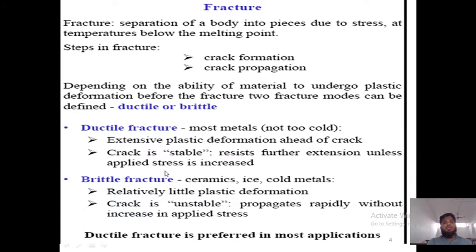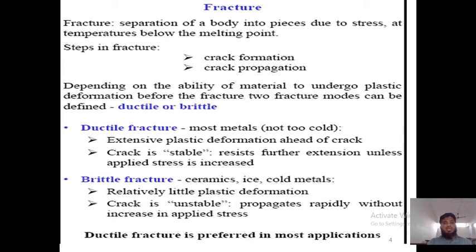Next, extensive plastic deformation ahead of the crack. In ductile material, before breaking into two pieces, the material will undergo a lot of plastic deformation. Just like the example I told of a sheet metal, when you keep on hitting, it will completely undergo plastic deformation first, and only after that will it undergo cracking.